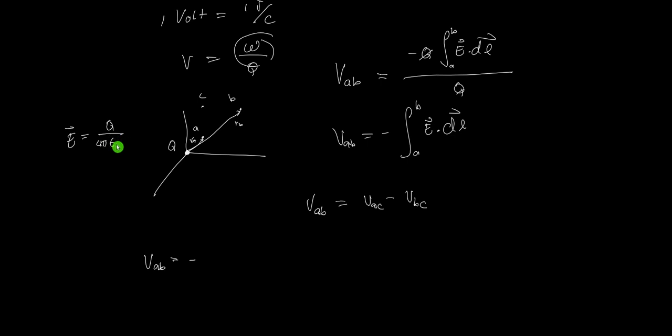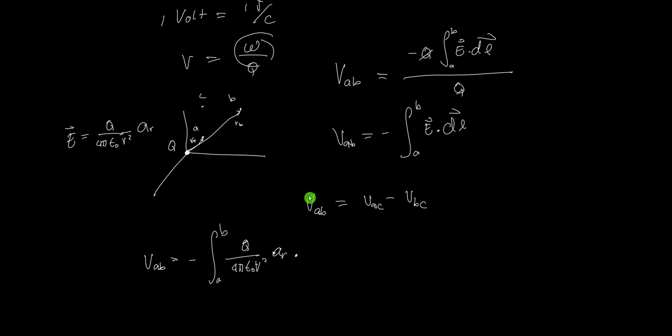This is the point charge electric field, and we can use that here. So this will be the integral from A to B of Q all over 4 pi epsilon naught R squared, then dot, and the direction here is a_R, dotted with dl.